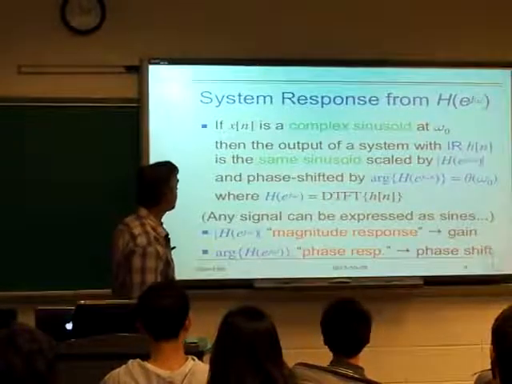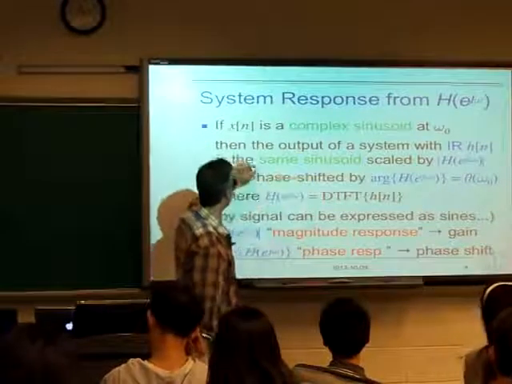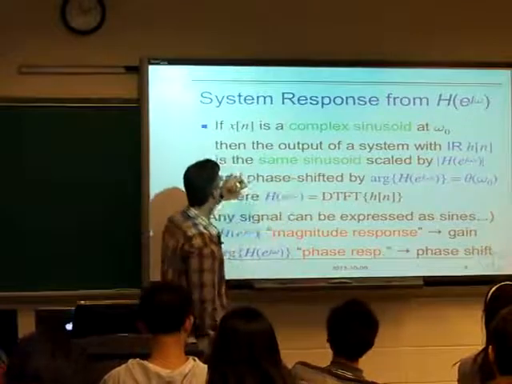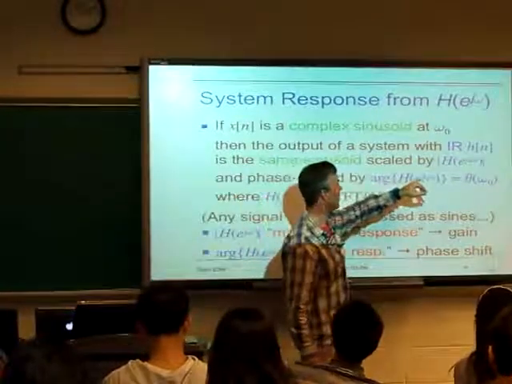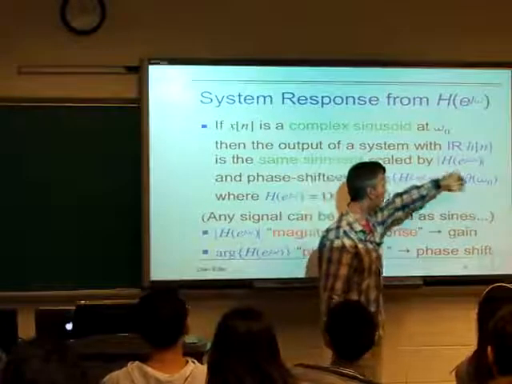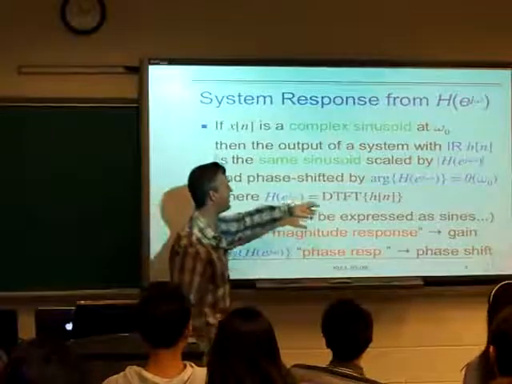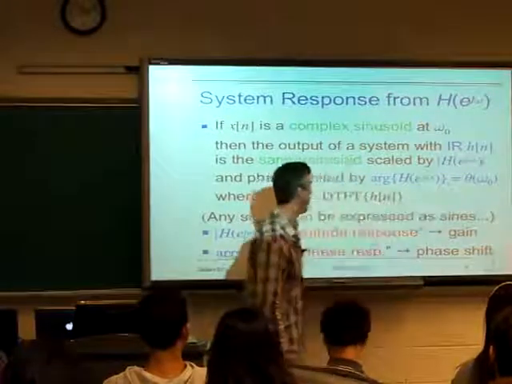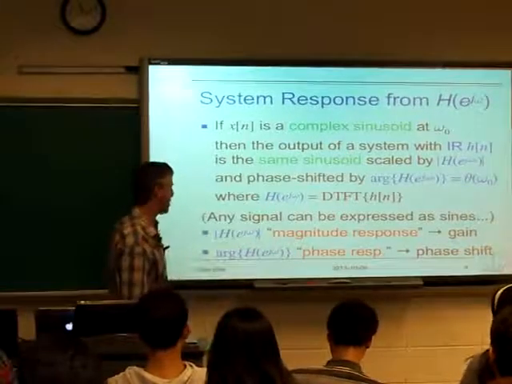So in words, if x of n is a complex sinusoid at frequency omega 0, then the output of a system with impulse response h of n is the same sinusoid, but scaled by the magnitude of H of e to the j omega 0, the DTFT of the impulse response at omega 0, and phase shifted by the angle of H of e to the j omega 0, which we're writing as theta of omega 0 here, where H of e to the j omega is just the DTFT.